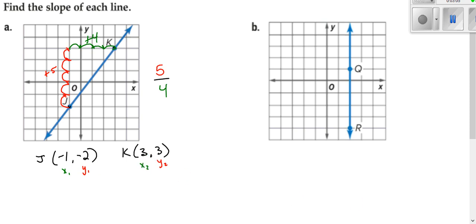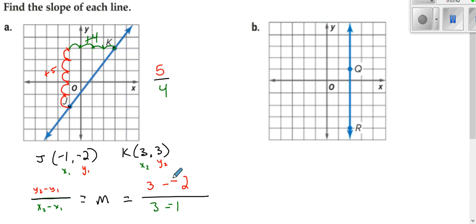So we could do that other formula, right? The other formula for slope has x2 minus x1 down here in the denominator, and y2 minus y1 in the numerator. And that was the other equation that we had. So if we do this equation to find slope, it's going to look like this: y2 minus y1, which is 3 minus a -2, over x2 minus x1, which is 3 minus a -1.